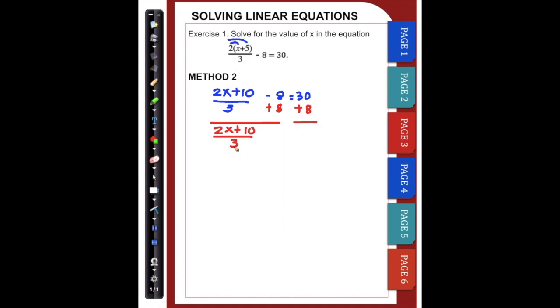Now, how do we eliminate the denominator 3? Just like in method 1, the inverse of division is multiplication, so we multiply both sides by 3.